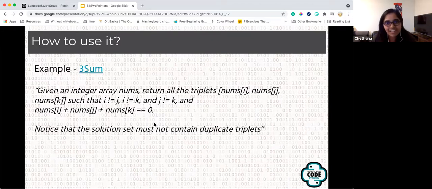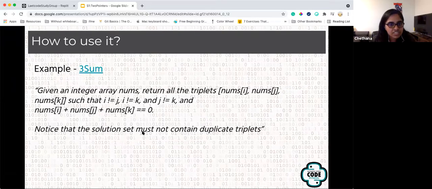They keep piling on these things, but in an interview, always make sure you understand what kind of input you're working with and what kind of output you need. And what is the target that they should add up to? So it's nums of i plus nums of j plus nums of k equals 0. So 0 is the target that we're looking for.